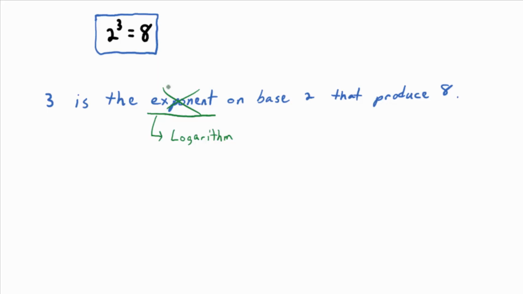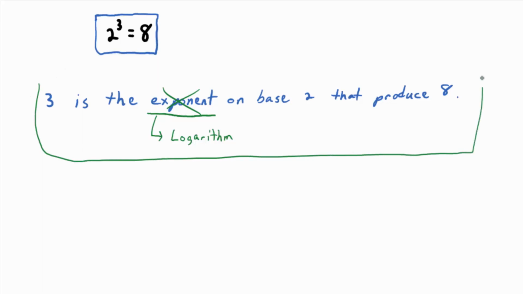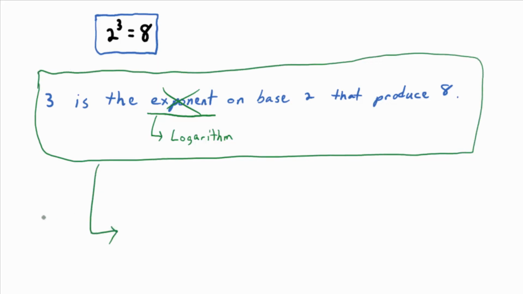We need some notation, because that's what we do in math, right? We put everything in terms of notation. We want to develop some new notation for this whole statement. I think we can keep the 3 the same, right? And what does "is" usually translate to? Equals. So 3 equals, what's the way that makes sense to shorten the word logarithm? Log.